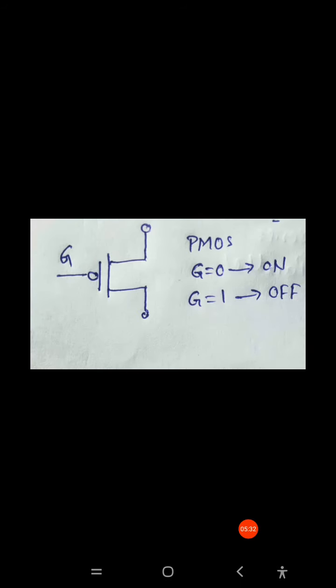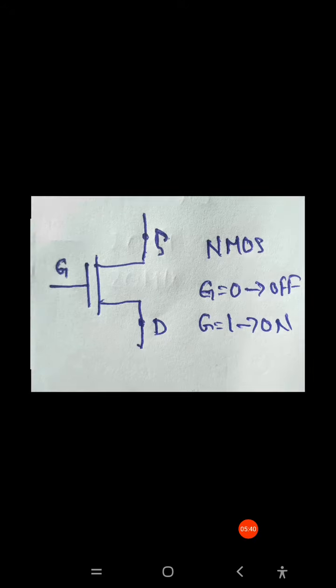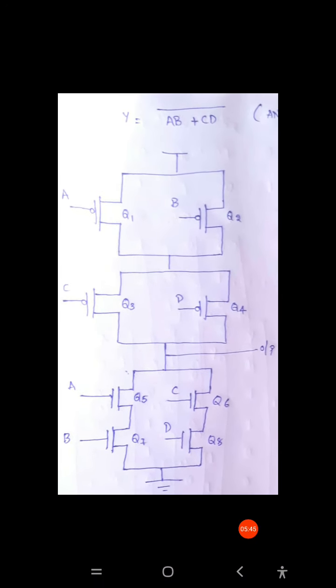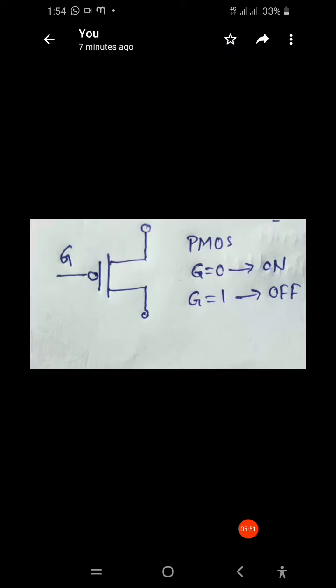For that, we have to write the truth table, and it can be written with these techniques. Based on these two techniques, we can write the truth table for the AND-OR-invert. In this way, we can connect the AND-OR-invert for any expression. So that is regarding CMOS AND-OR-invert logic.